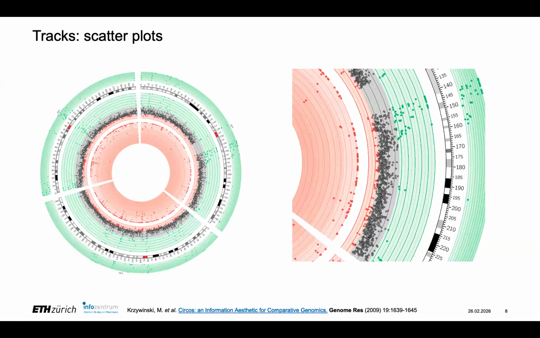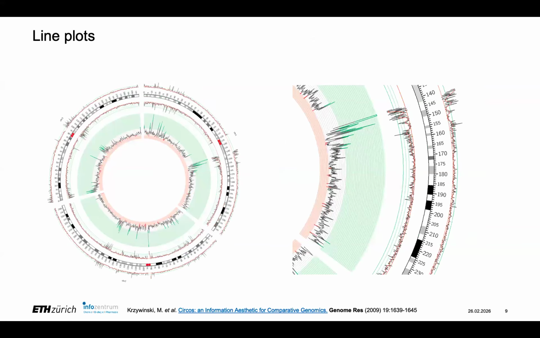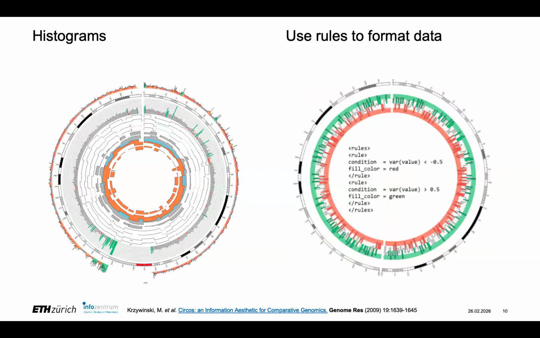Okay, once you do that, you can add tracks, and tracks are your data. So you have all sorts of tracks you can add. You can do scatter plots, line plots, and histograms, and again, you can define rules that change the color. So here, I don't have to say make this block green or make that block red.